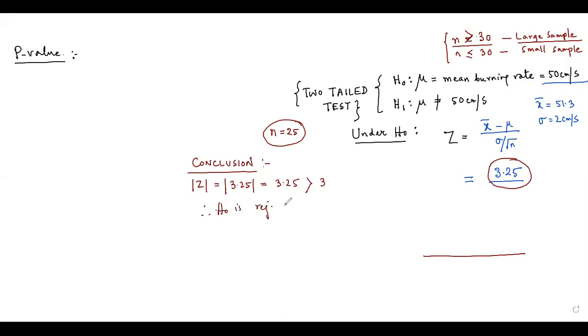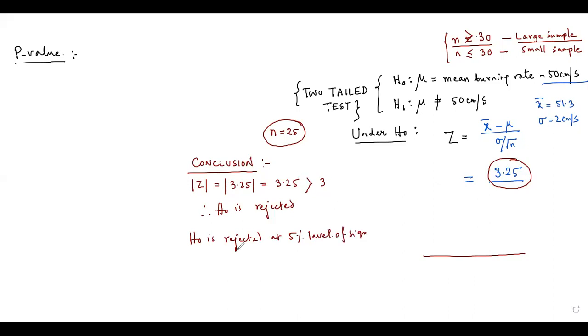No problem with that. And not only this, we can see that H naught is rejected at any level of significance. H naught is rejected at 5% level of significance. Why?